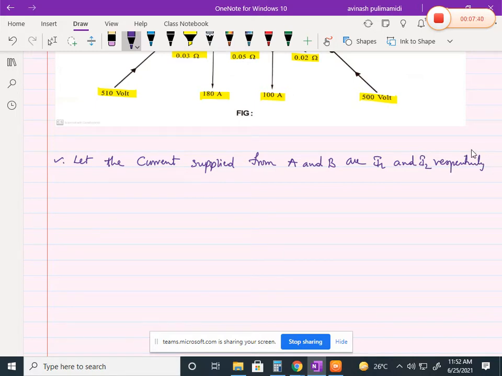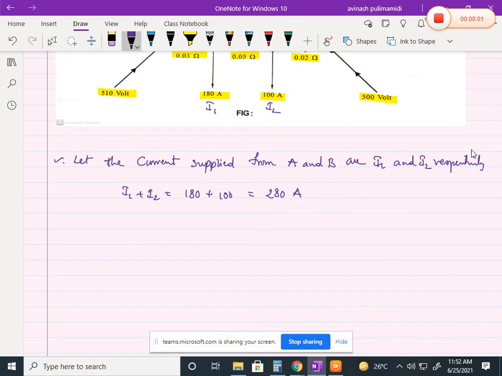Next, what is the current I1? I1 is how much? 180. And what is I2? 100 amperes. That implies I1 plus I2 is equal to 180 plus 100. That is 280 amperes.